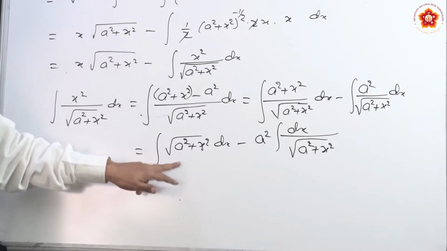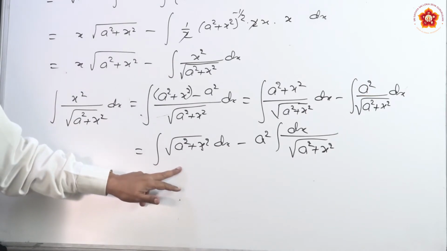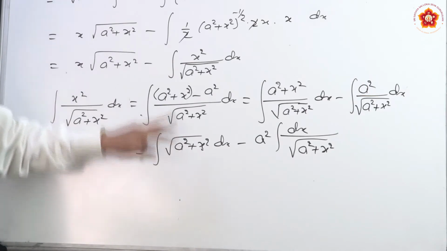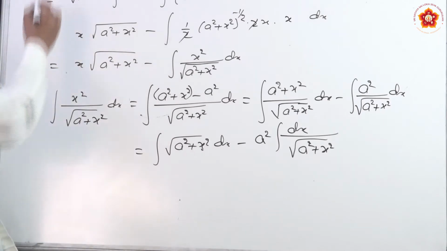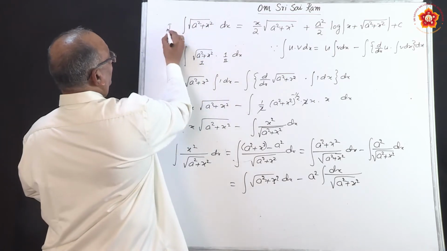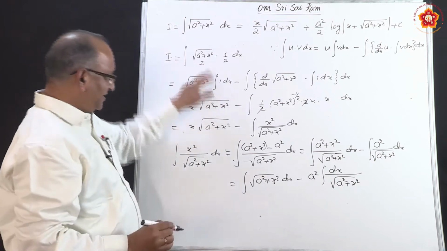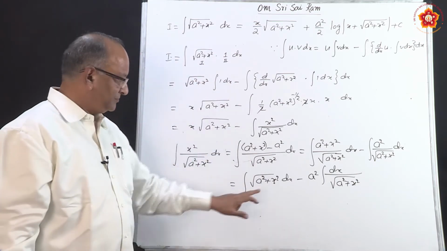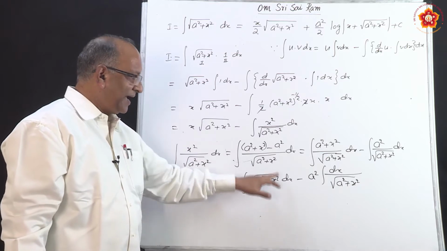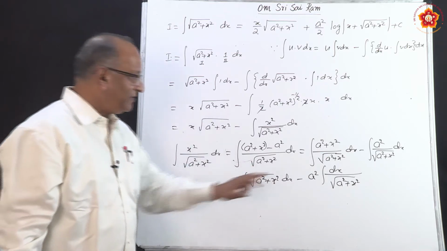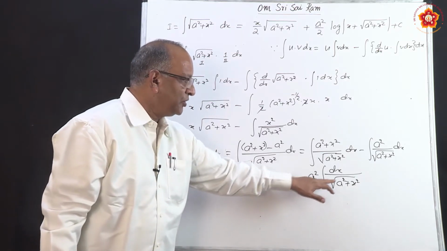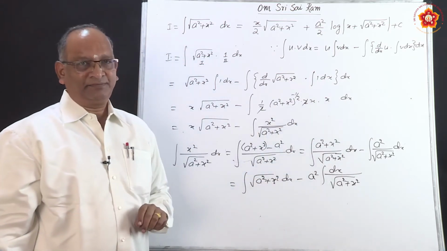What is this first integral? This first integral is nothing but I, with which we started. We wanted to derive this formula, and that function is as it is. So, this is nothing but I only, and as far as this is concerned, you know the answer.